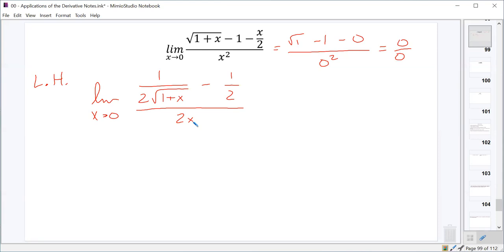And so now we'll just plug in 0. And it looks like what actually happens here is we get 1/2 minus 1/2 over 2 times 0, which is just 0 over 0. And so because this ends up being another indeterminate limit, L'Hopital's rule just says you can take the derivative of the top and the derivative of the bottom again.